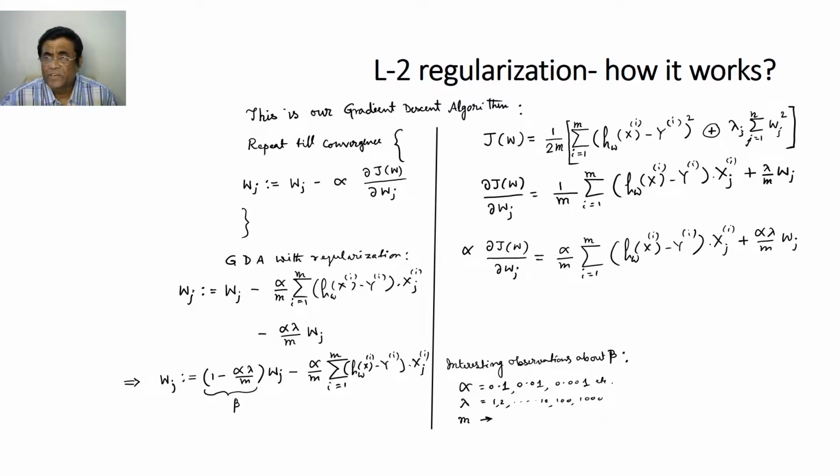Now, lambda is a hyperparameter, as I have told you earlier. Normally we keep lambda fixed, otherwise it will be too complicated. For every parameter, you would have to define or assume a different lambda.